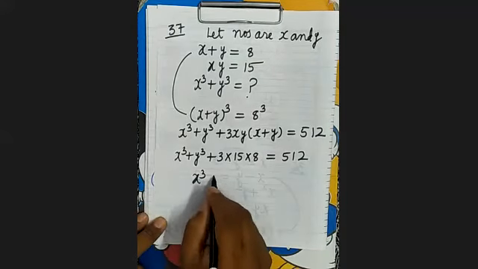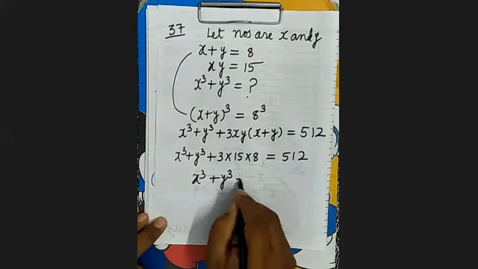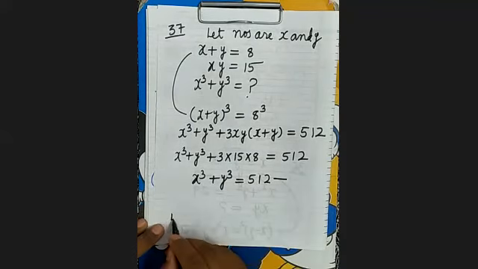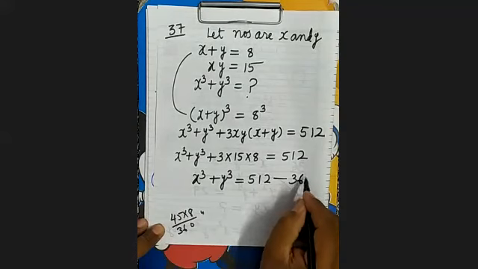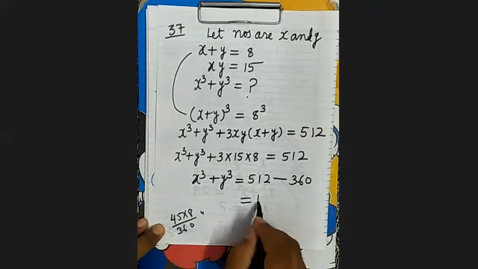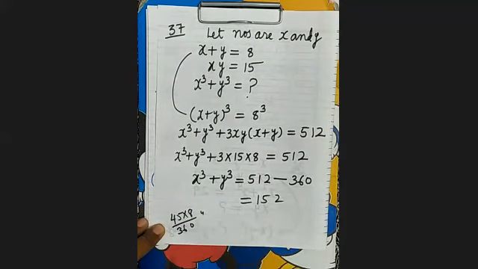So x cube plus y cube equals 512 minus 45 into 8, so it will be 152. Yes, sir.